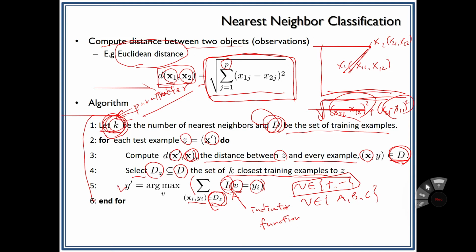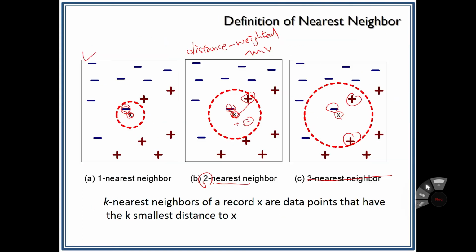So this function is just a count. For example, in the case of three nearest neighbors, there are two classes, positive and negative. In the three nearest neighbor case, the positive class count is 2 and the negative class count is 1. Actually, these three data points are the elements in Dz, okay?